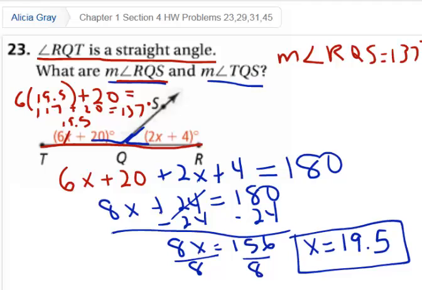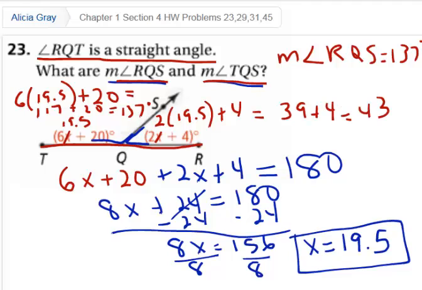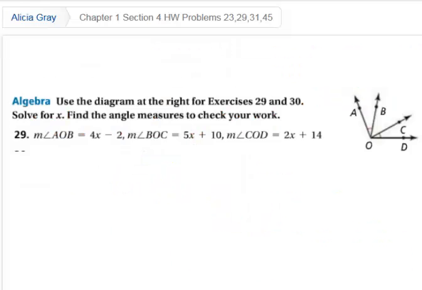And now I need to find the measure of angle TQS, so I just need to plug in over here 2 times 19.5 plus 4, so I've just substituted and put in 19.5, and that would, 2 times 19.5 is 39, plus 4 equals 43, so the measure of angle TQS equals 43 degrees.